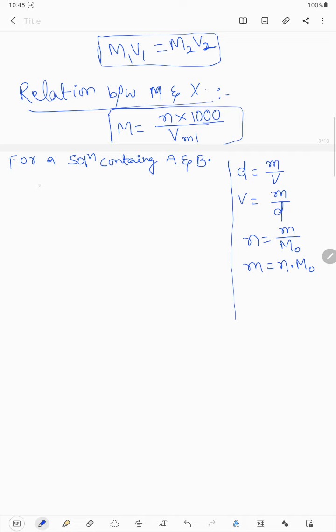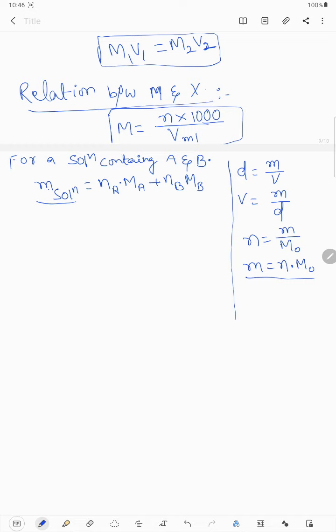The mass of the solution is equal to number of moles into molecular mass: number of moles of A into molecular mass of A plus number of moles of B into molecular mass of B. When you combine both, then you get the mass of the solution.